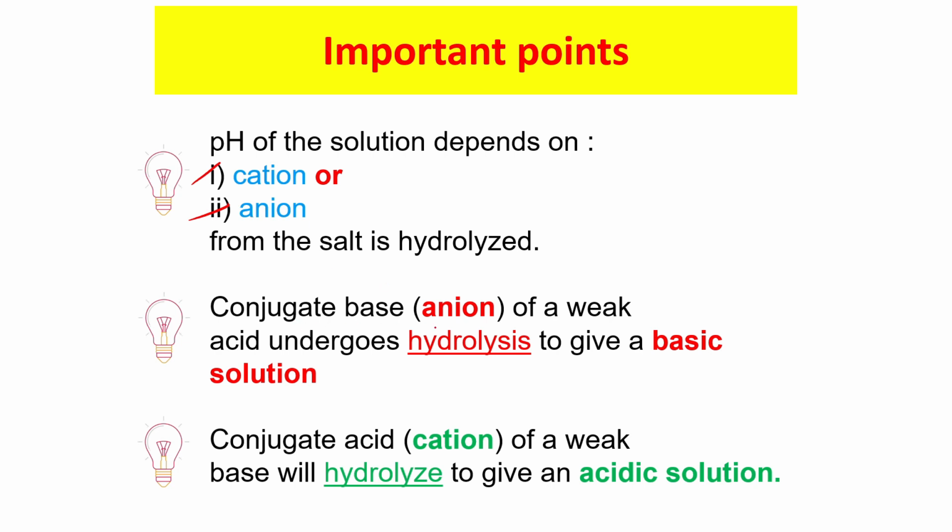So if anion undergo hydrolysis, dia akan produce OH- at the end of the equation menunjukkan dia ialah basic salt. So kalau cationic hydrolysis, dia akan hasilkan H3O+ at the end of the equation, meaning dia ialah acidic solution ataupun acidic salt.